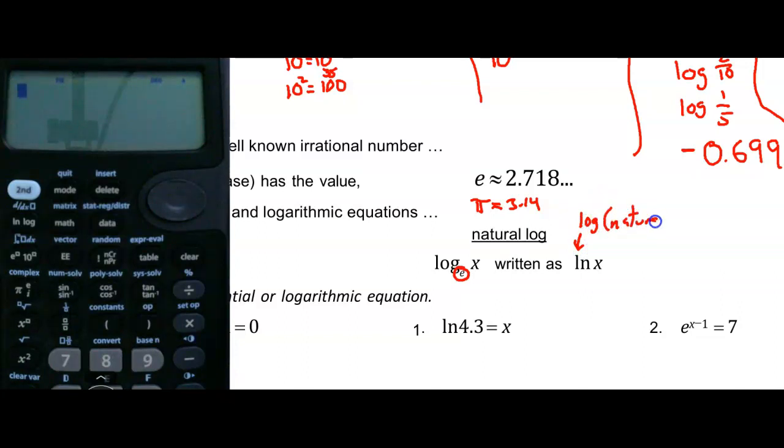So that's why it's ln, logarithm natural. We'll use this anytime you have an equation that involves the number e, or a base e. So you'll see equations that have an e in them. That's the sign that you need to use this ln function as opposed to the regular log function, which is base 10. And we'll look at both today.